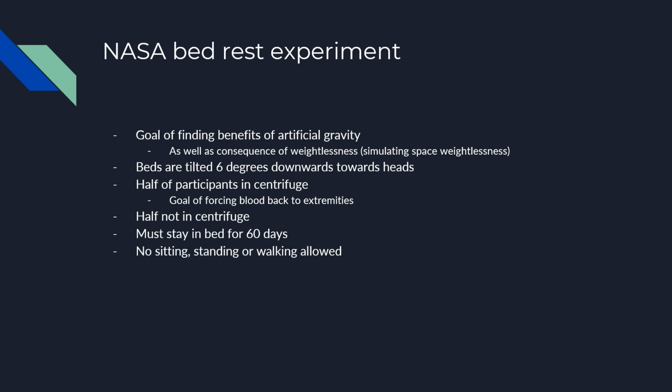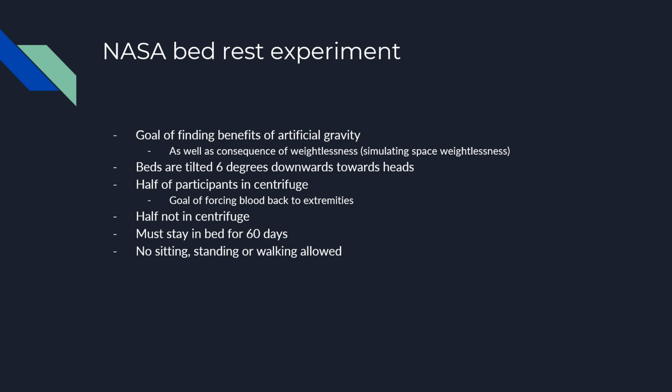This is an interesting experiment since they are basically testing the effects of artificial gravity for humans instead of flies. So basically, their goal of this experiment is to find benefits of artificial gravity by seeing if they can simulate negative effects of space weightlessness. And they do this by tilting beds about 6 degrees downwards towards your head. They put half of those tilted beds in the centrifuge and half in a regular room.